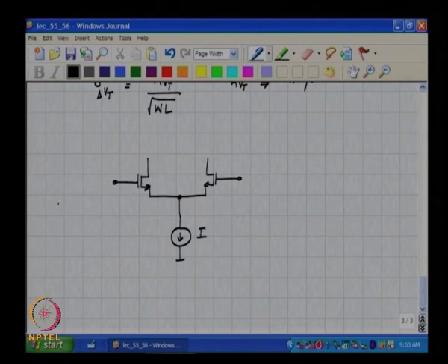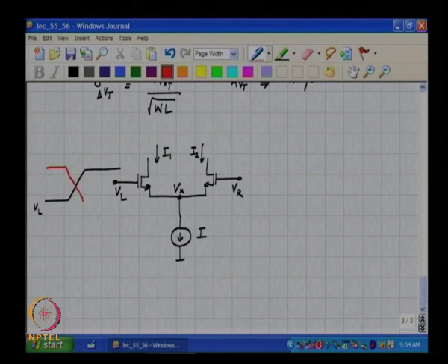In other words, assuming this current is I1 and this current is I2 and this tail node is denoted as Vx, the voltage here is probably doing something like this, while V left, I will call it, and V right, okay, and VR is doing.